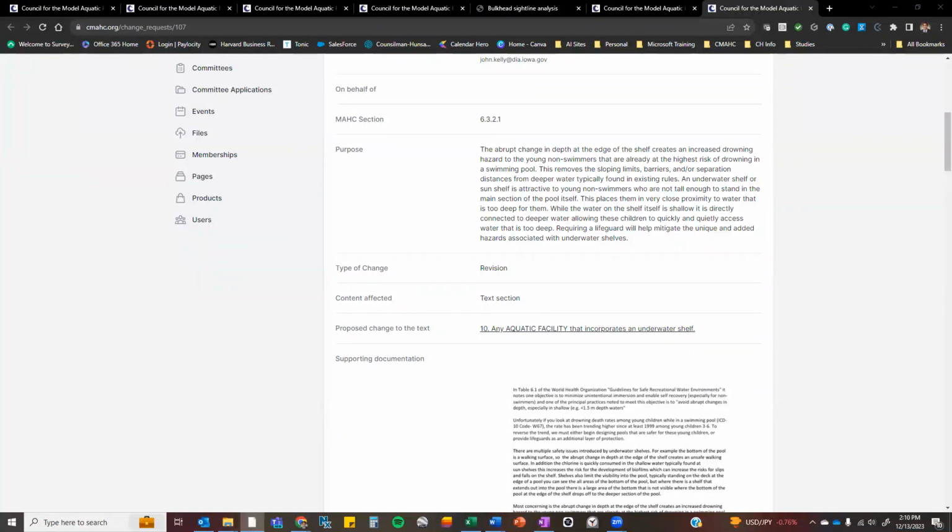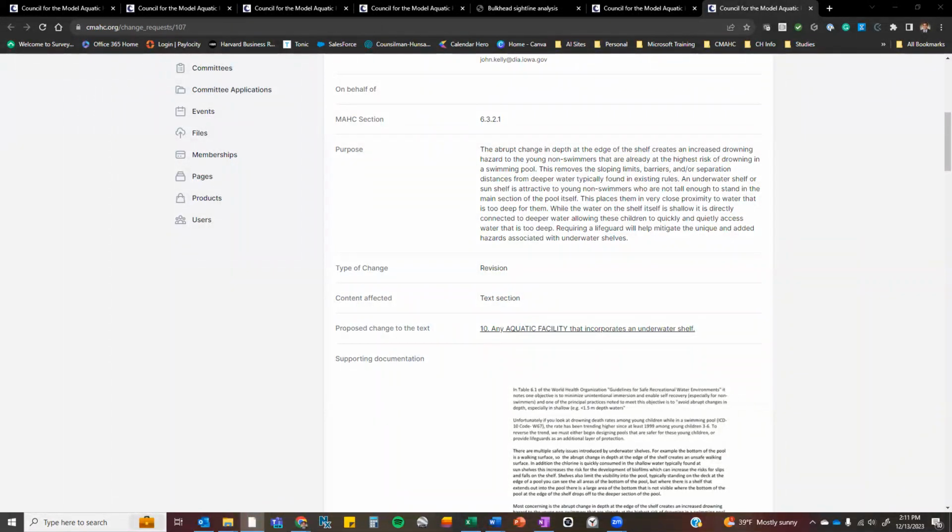I'm also thinking about facilities like your day club style facilities like in Vegas or other areas where it's really adults only, and underwater shelves are super popular because they're awesome, super attractive, makes the pool look great. So I like the intent. I would even be supportive of the intent.